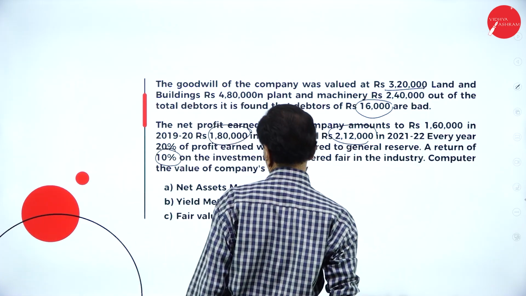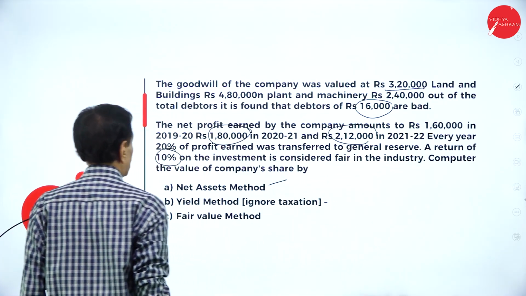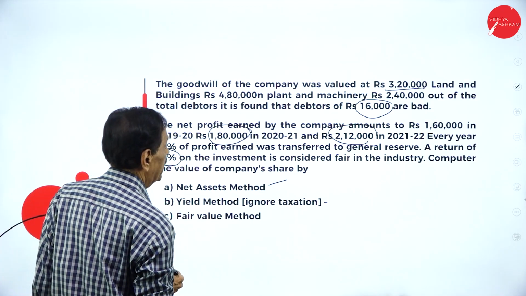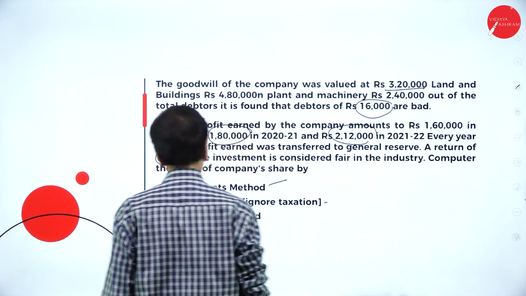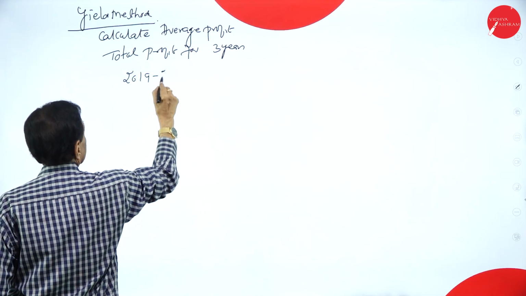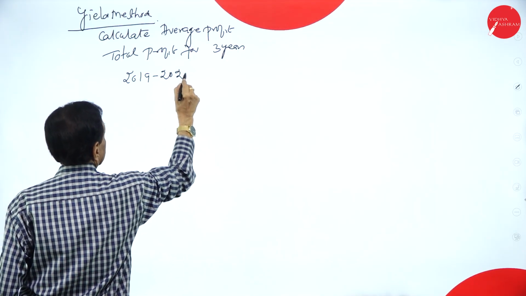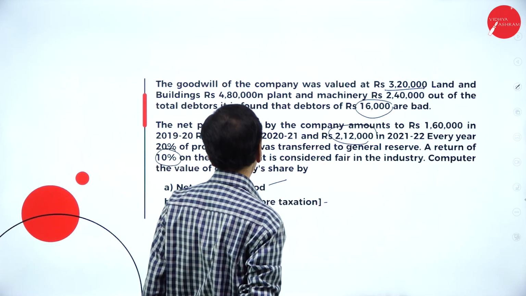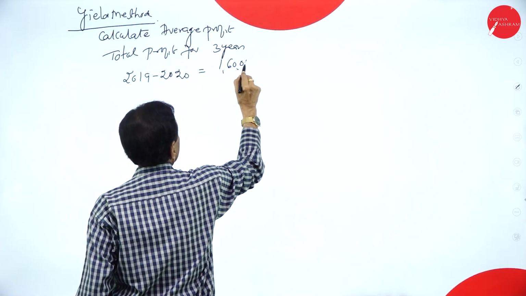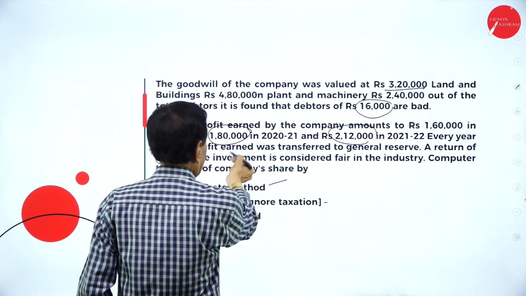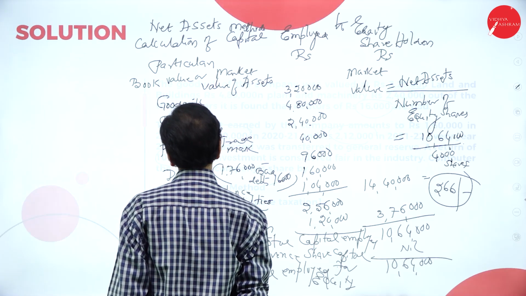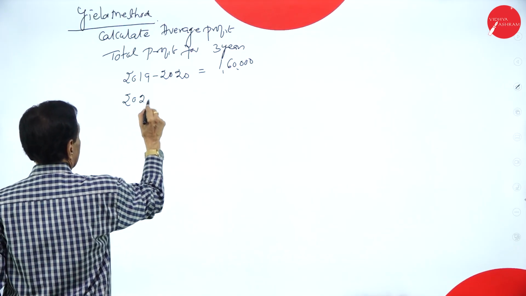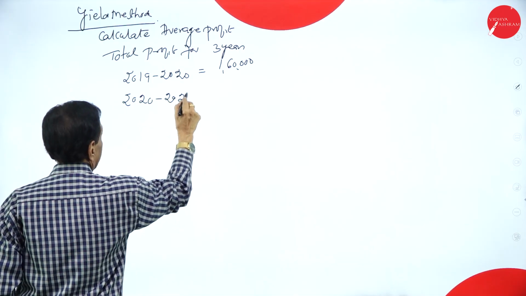Amounts 1,60,000. 2019-2020, 1,60,000. How much will it become? 1,60,000. Then 1,80,000 for 2020-2021.